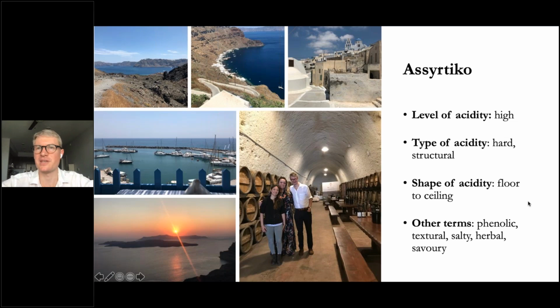Now, the really interesting thing for me about Assyrtiko is the way that the acidity and the phenolic content go hand in hand to double up on this sense of structure, of the architecture of the wine in the mouth. So yes, the acidity is powerful. Yes, it's felt very firmly and strongly and consistently, but also the phenolics are adding to that sensation.